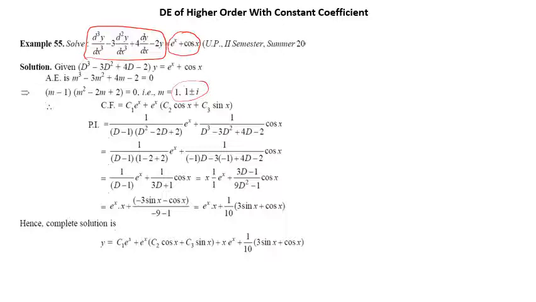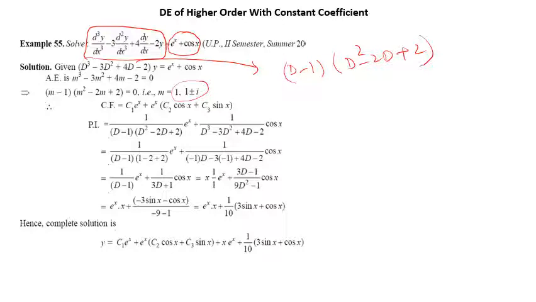What is PI? PI corresponding to e to the power x and PI corresponding to cos x. 1 upon (D minus 1)(D square minus 2D plus 2). This can be factorized as D minus 1 and D square minus 2D plus 2, plus this term.